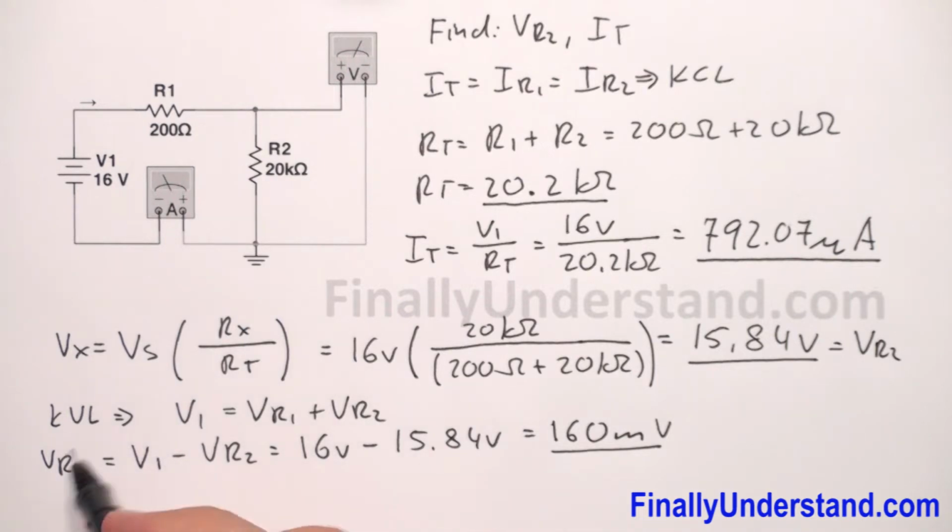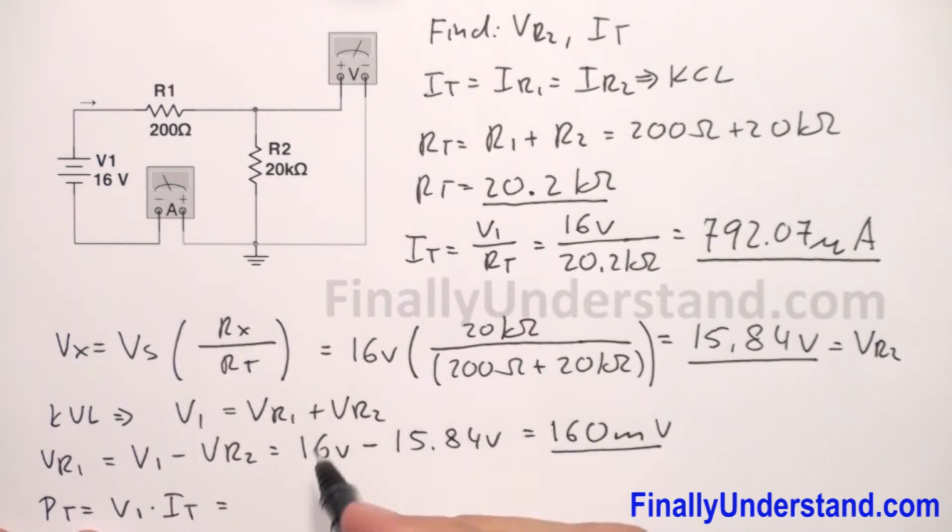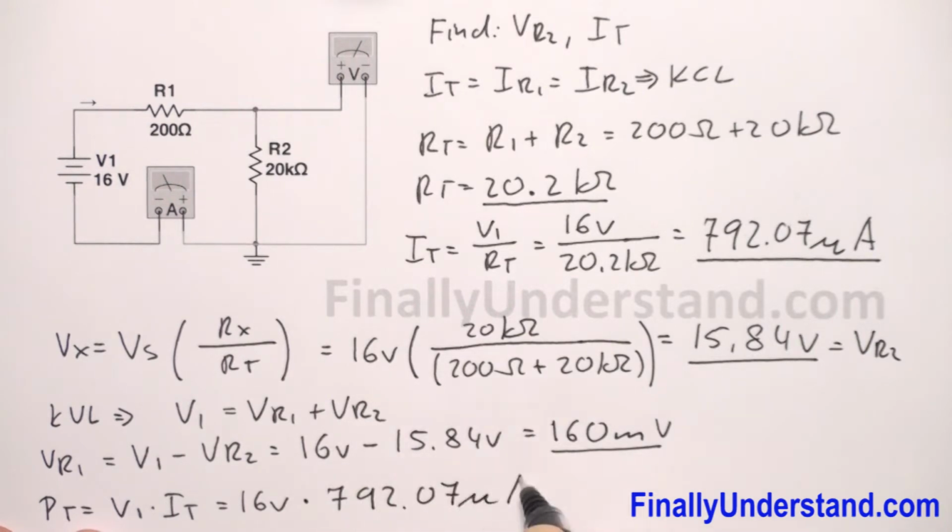Next we can also find the total power. P total is equal to the voltage source times I total. So V1 is equal to 16 volts times I total, which is 792.07 microamps.